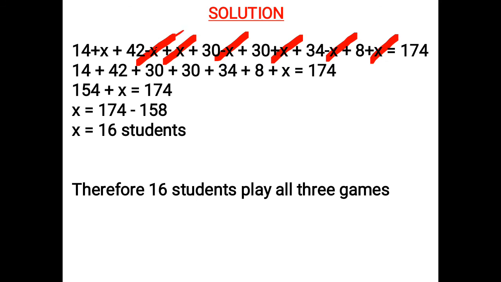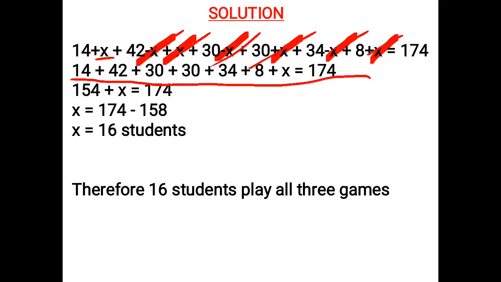So negative x cancels positive x, another negative x cancels positive x, another negative x cancels positive x. We are left with only one x. So we pick all the numbers: 14 plus 42 plus 30 plus another 30 plus 34 plus 8 plus the 1x left is equal to 174, and that is what we have over here.